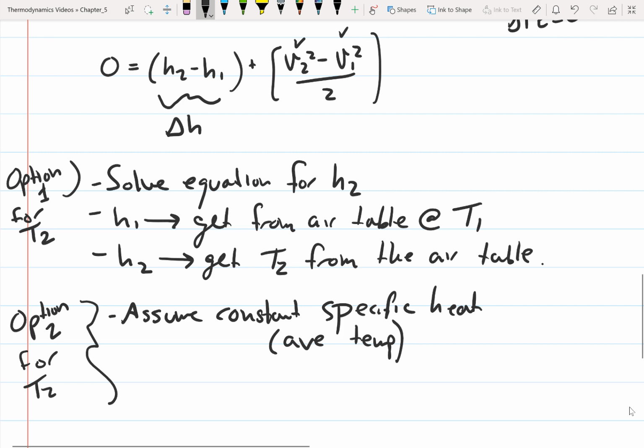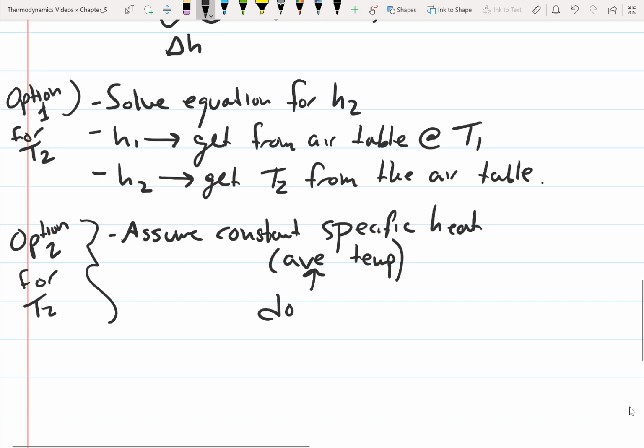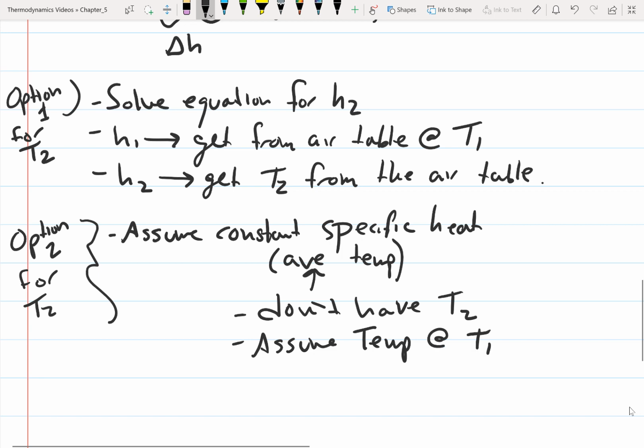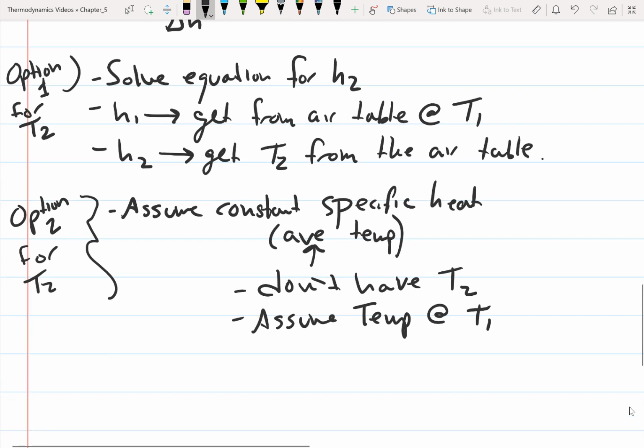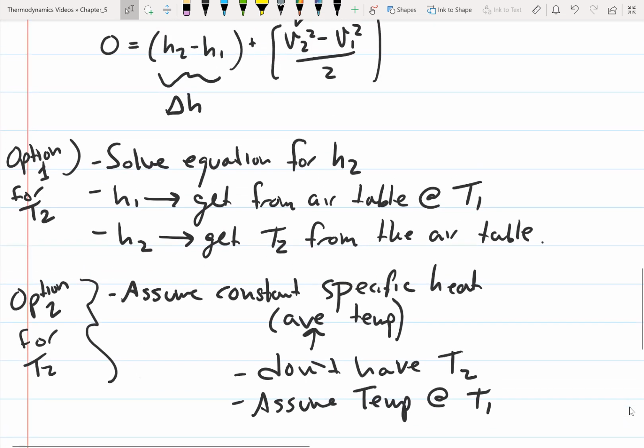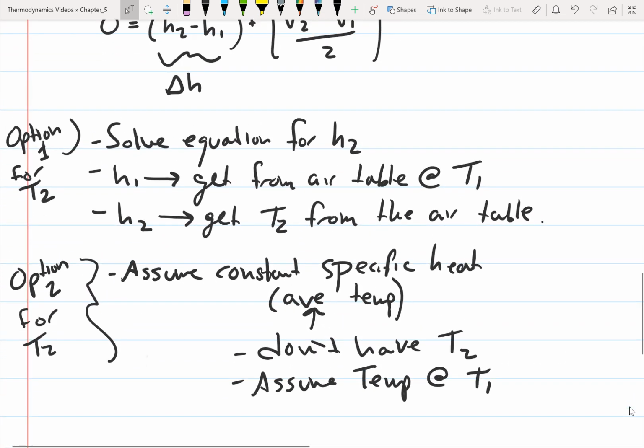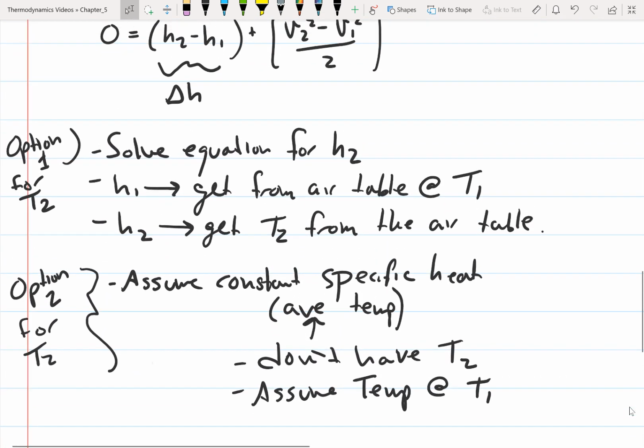So what we can do is, instead of assuming the average temperature, we don't have T2, so assume the temperature at T1. So basically what we do is we get our specific heat at T1, and then we use that in our equation instead of the specific heat at average temperature.